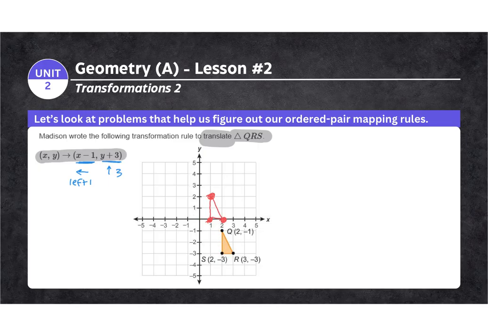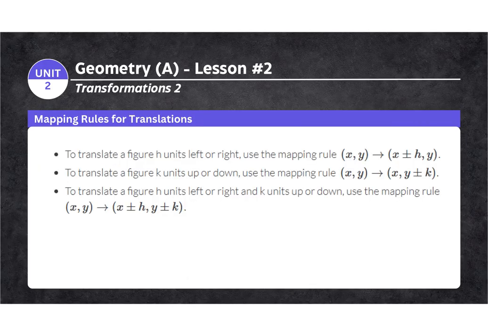So now, to erase all of my scribbles everywhere, you can see that each of our points moved to the left one, up 3, and it didn't change the size or the shape of that image. So therefore, we just translated using this rule. Now, just like our reflections, translations do have mapping rules as well.